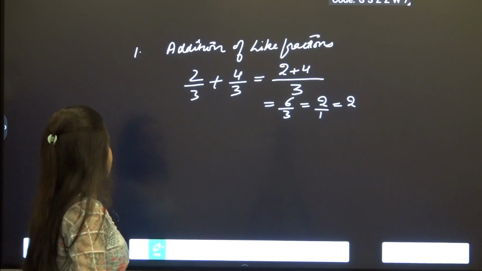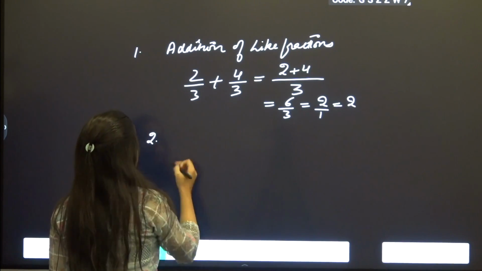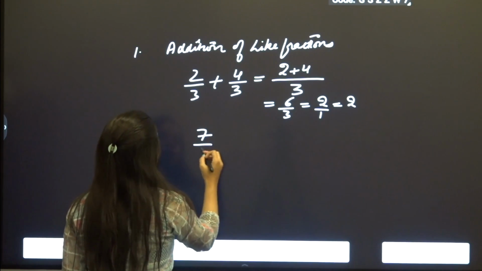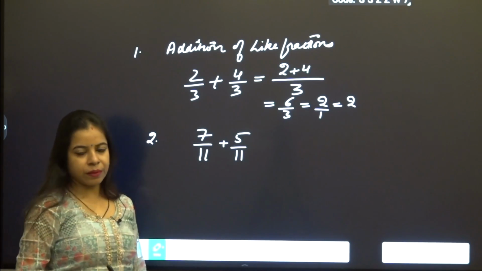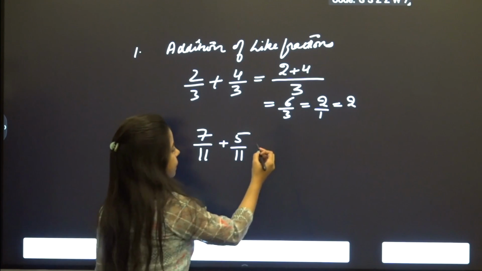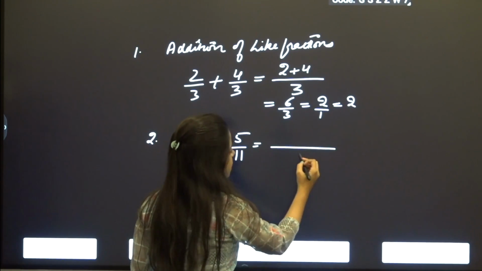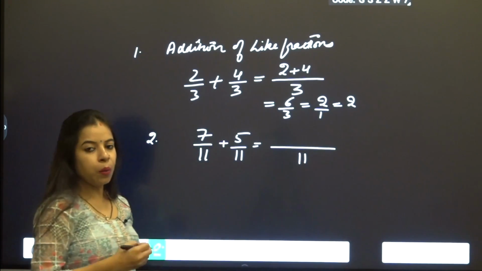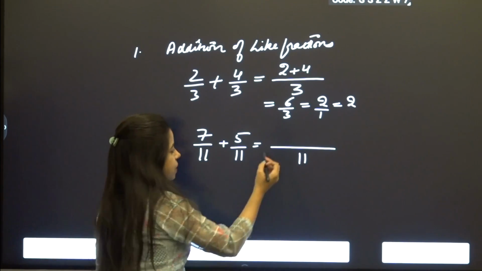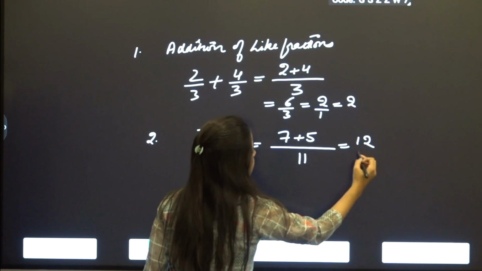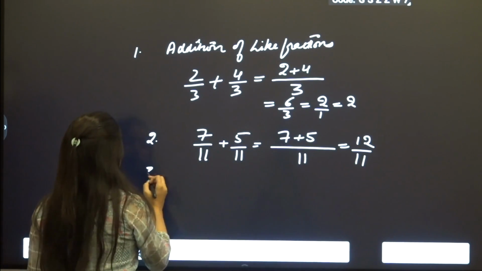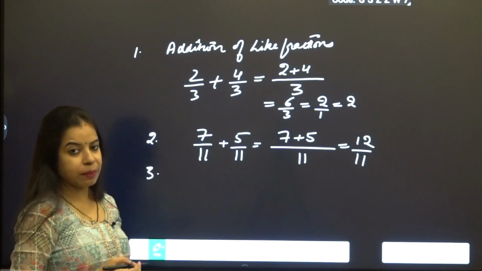Let's take one more example. Say 7 by 11 plus 5 by 11. The common denominator is 11 and we add the numerators as they are. So, the answer is 12 by 11. Let's take one more example.